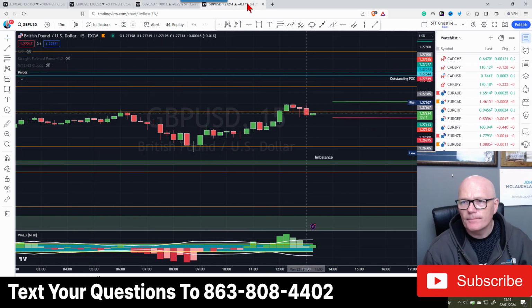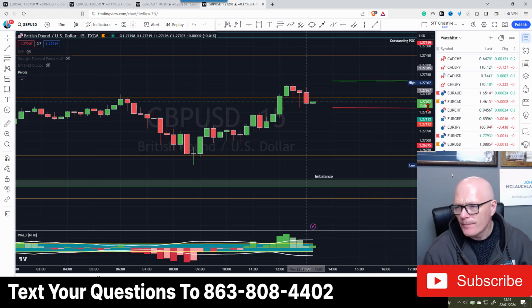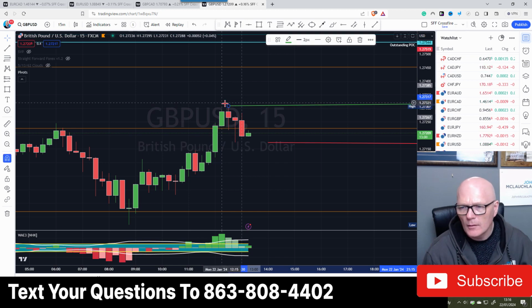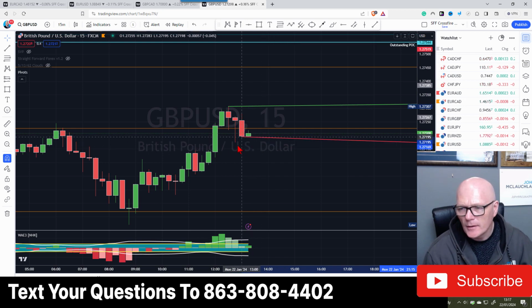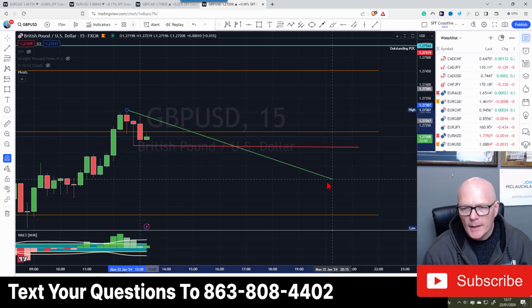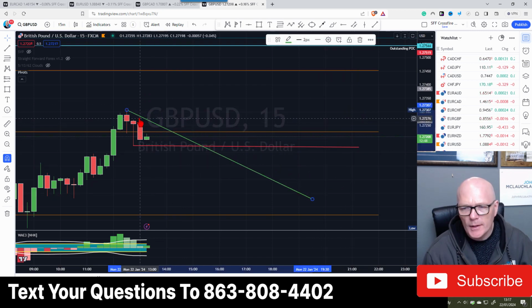2 minutes, GBP CAD. So the high is there. Let's put the magnet tool on. Magnet tool makes it easier, makes it snap. I think it increases the accuracy. And I'll bring that down to the top of the wick, just here, look.